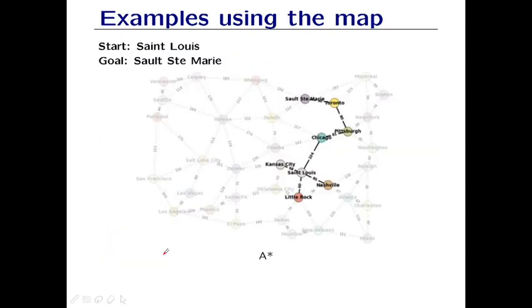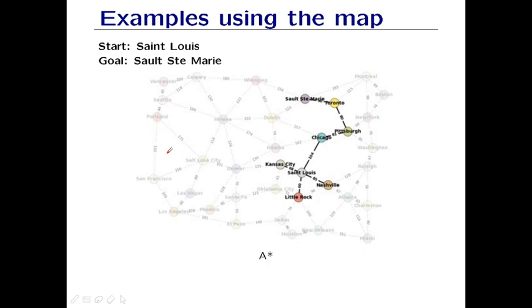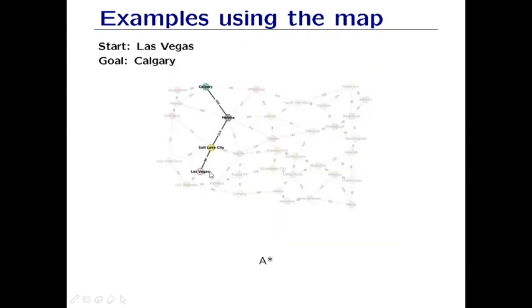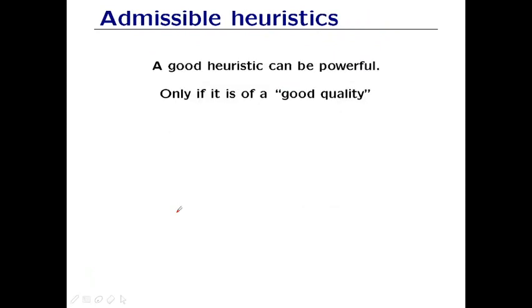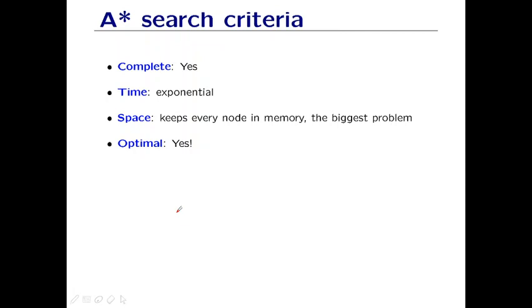So now you don't have to expand all of these, but firstly you have to expand this level. Remember this in A*. Now they have shown you the examples using the map, as they have shown you with greedy search. Next, they're going to tell you the A* search criteria.